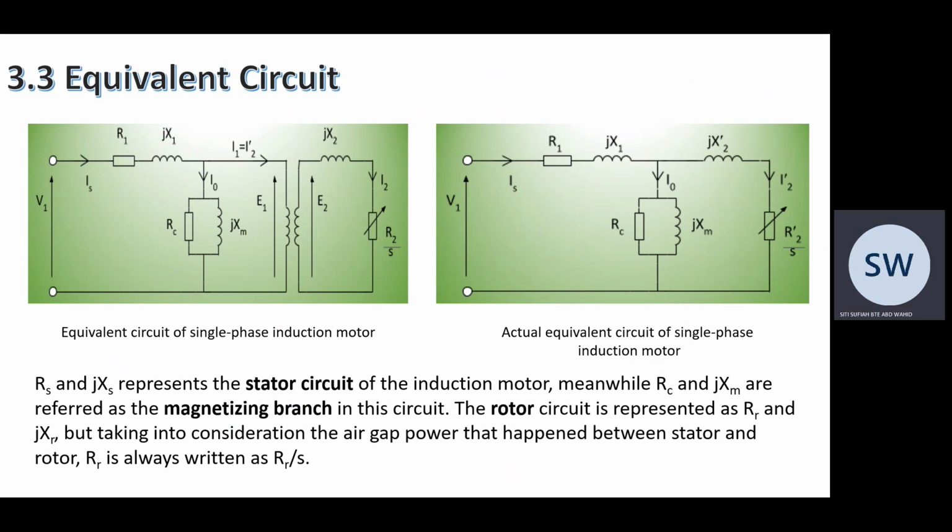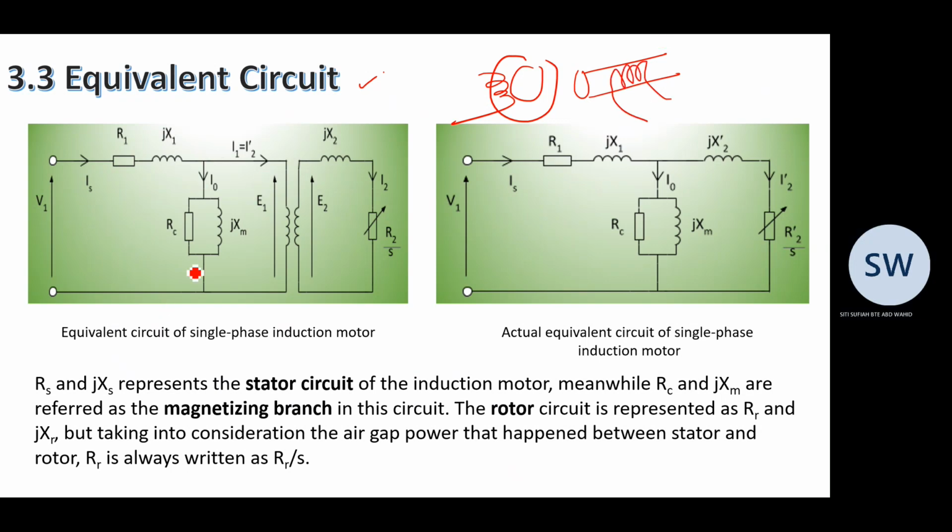So just like in a transformer, to produce the equivalent circuit of any electrical equipment, we are actually representing the losses in the equipment. As you can see just now, in the stator you have winding. On the rotor part, you also have winding, right? So this is stator, rotor.